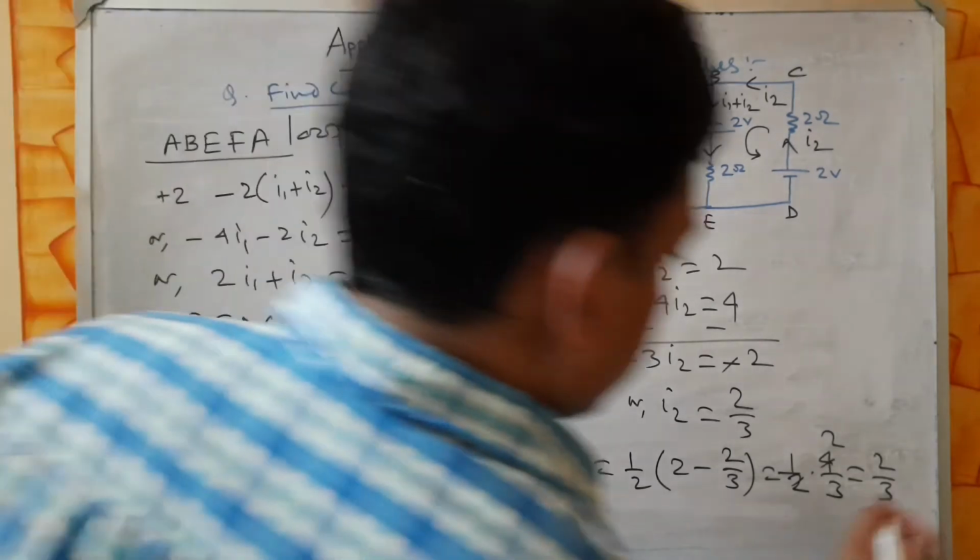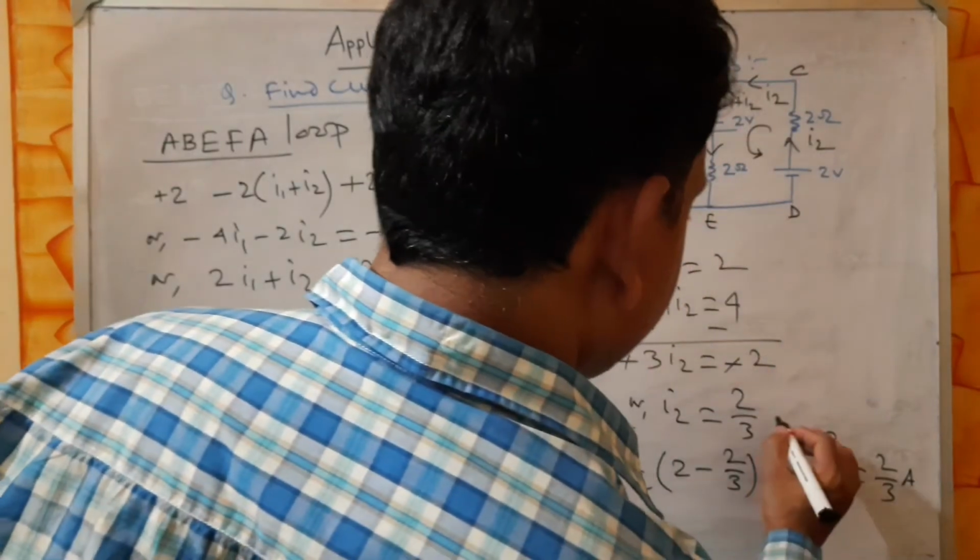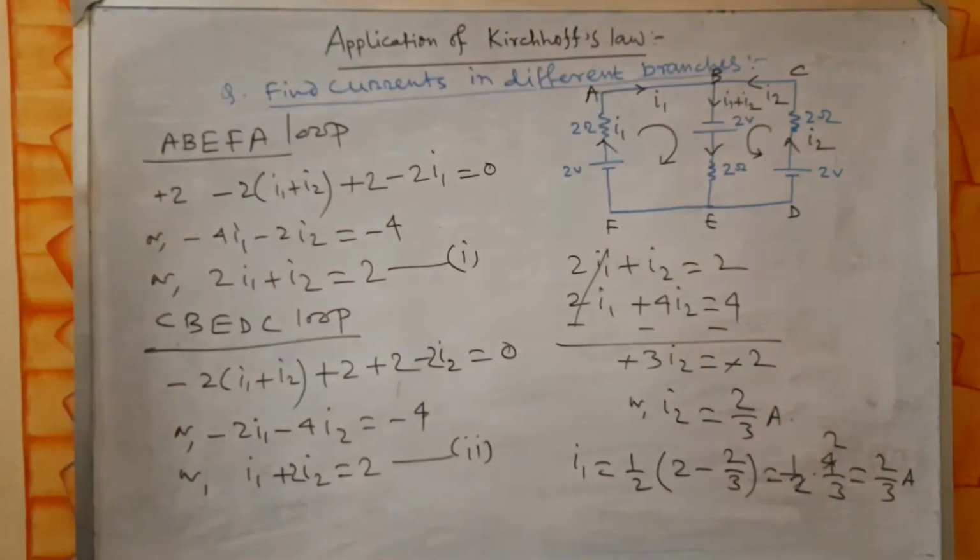I1 is 2/3 ampere and I2 is 2/3 ampere, the same.